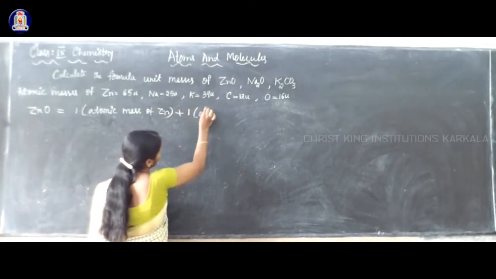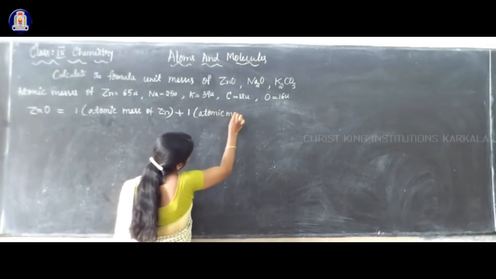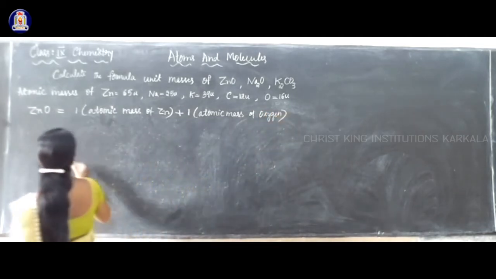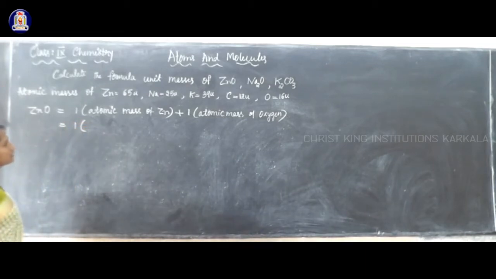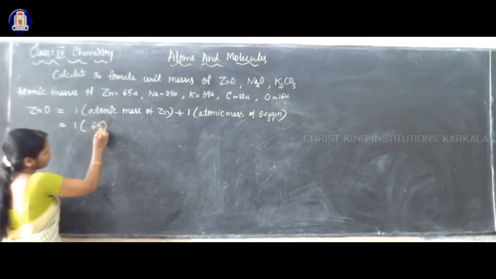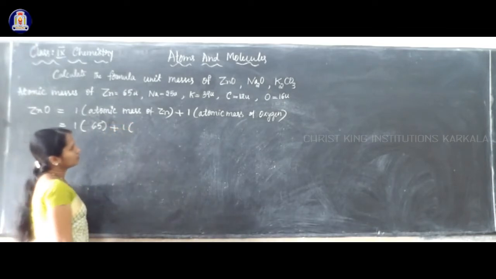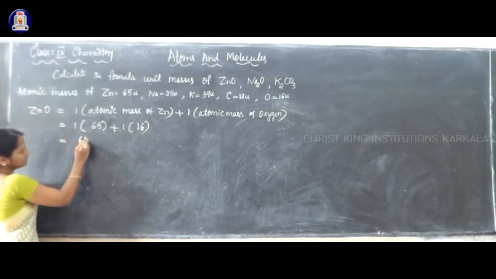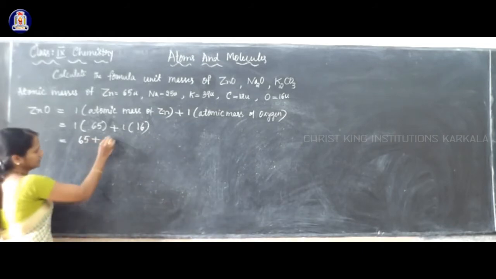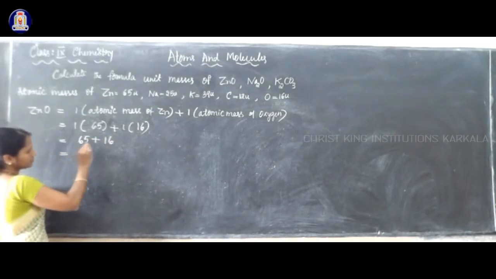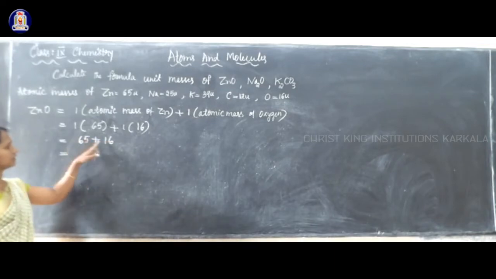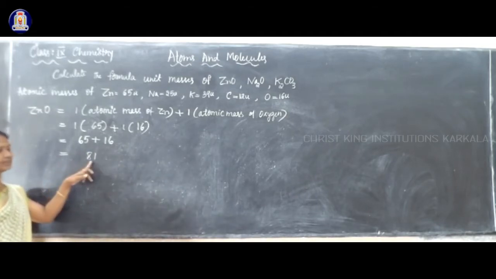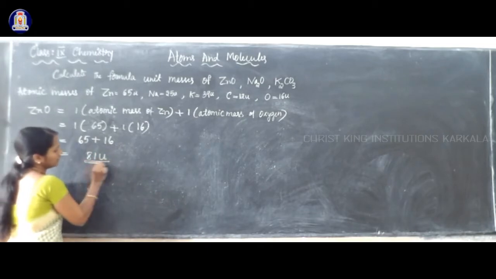That is 1 into 65 atomic mass unit plus 1 into 16 atomic mass unit, which is 65 plus 16, that is 81 atomic mass unit, 81 u.